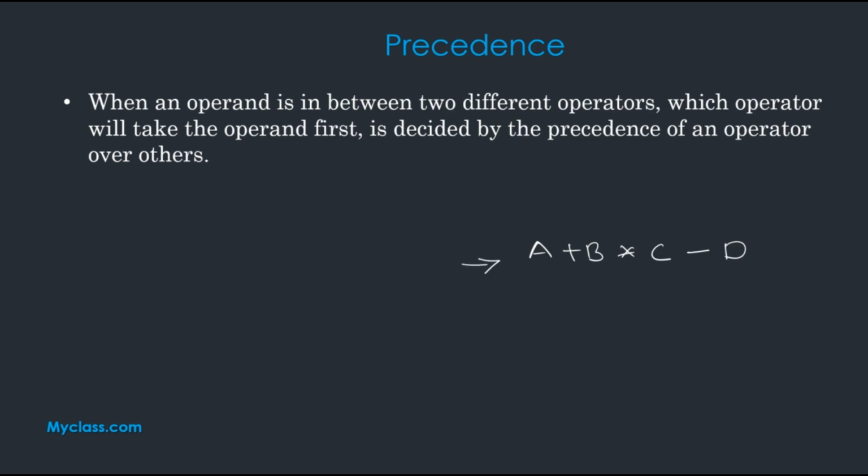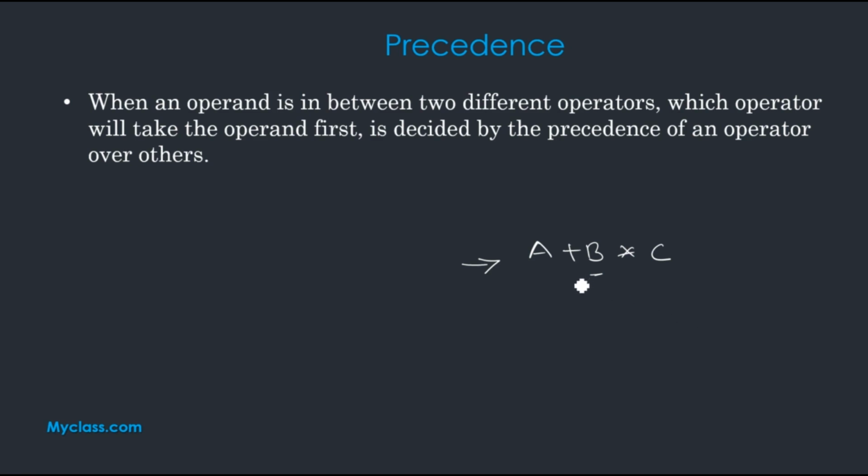Let's consider when an operand is in between two different operators. Let's consider B. B is in between plus and multiplication, addition and multiplication. In such cases, which operator takes the operand first is decided by the precedence of an operator over others.